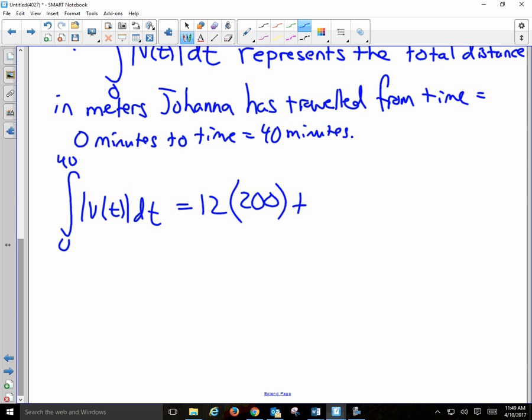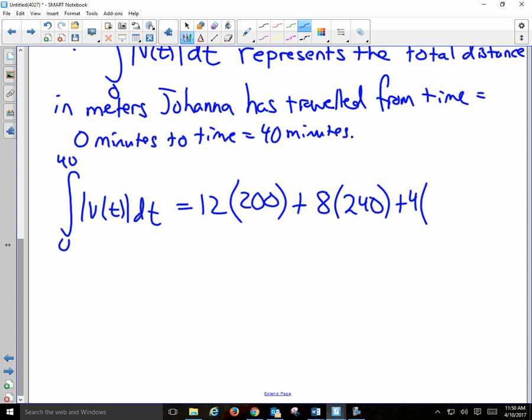Plus, what's the width of the next rectangle? 8. And what's the height? 240. What's the next width? And what's the height? Negative or positive?